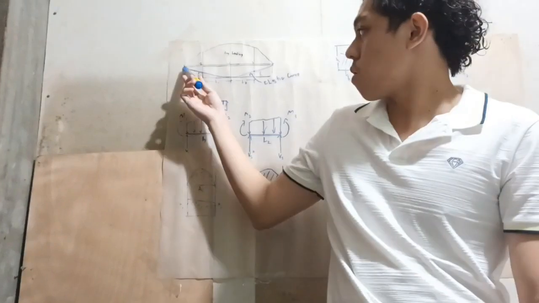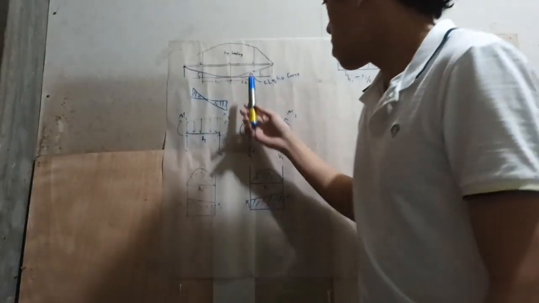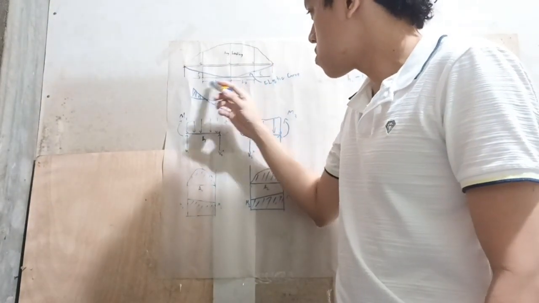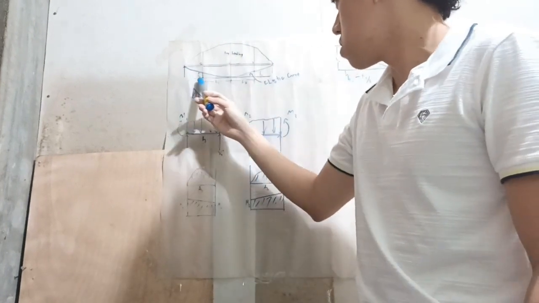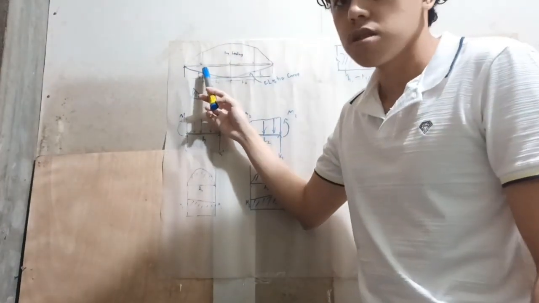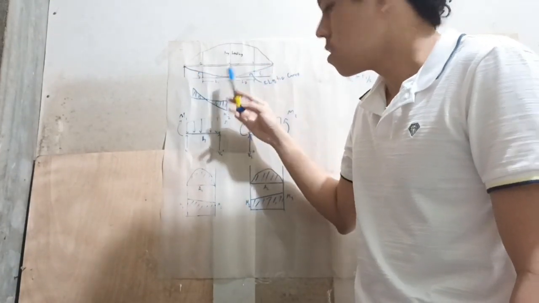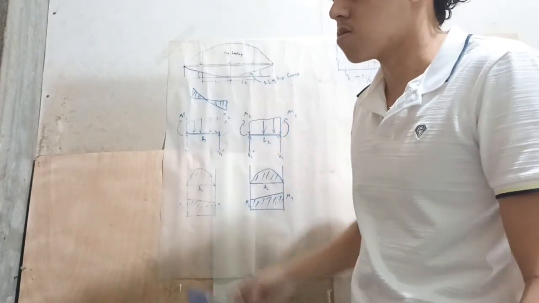Then we draw the elastic curve. Then we draw the axis at point 2. So we get the deviations H1 and H3. By the way, at point 2, it is not the maximum deflection.